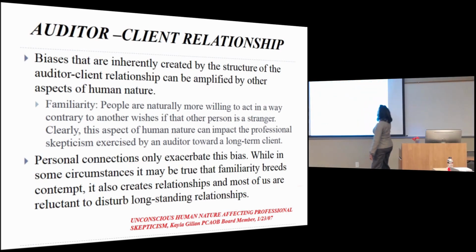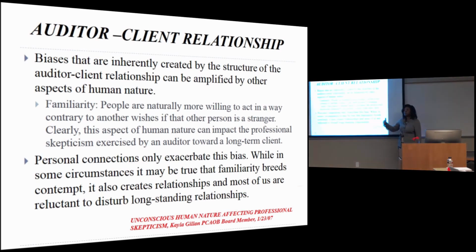So you're probably not as distrustful of a person you're familiar with as of a total stranger. I would suggest that when you start out on an audit client and you're new to it, maybe your skepticism is higher, right, because you don't know.